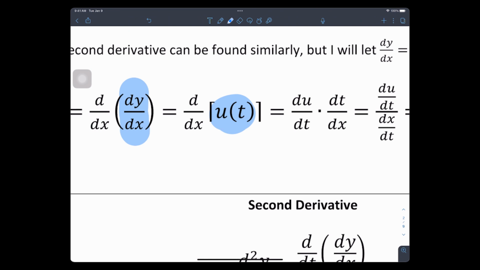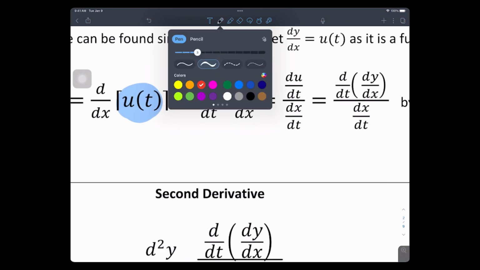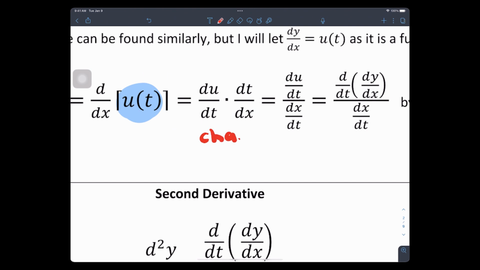Because remember, when you had dy dx, wasn't that a function of t that we said? I used f of t, but I can use any letter. So bear with me, I just replaced that with u of t. Now you say, how do they come over here? Do you guys know? What is this? Chain rule. Chain rule for derivatives.